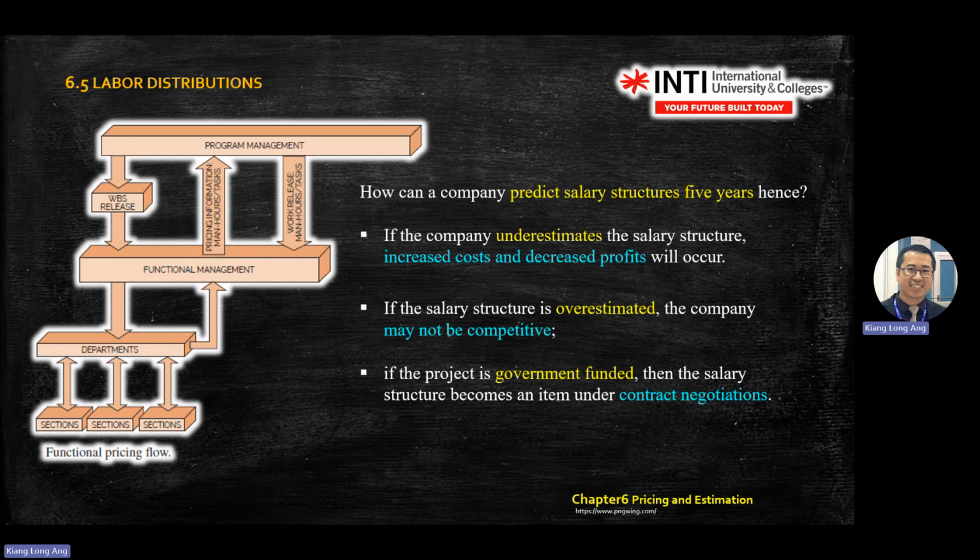Second one, you overestimate. You overestimate means your project won't be very interesting because your investor looks at your cost and is scared already. Your cost is higher than your competitor, then people will go to the other side.